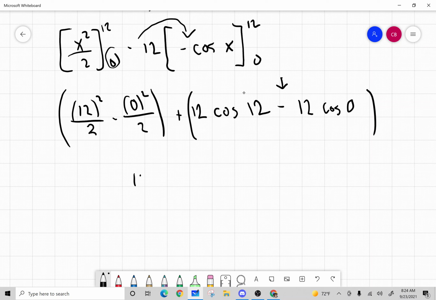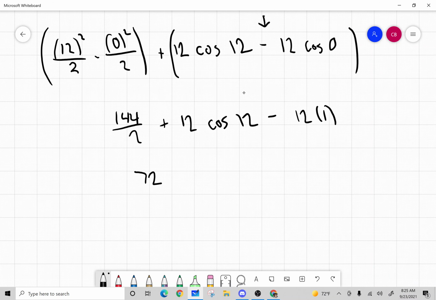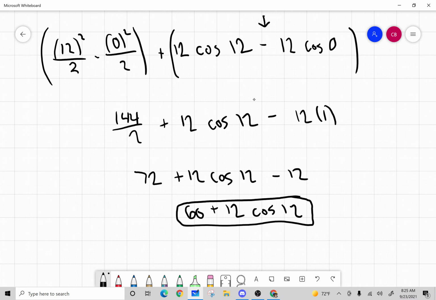And so this is going to be 72 plus 12 cos 12 minus 12, which is 60 plus 12 cos 12. And there is no plus c here because remember we took a definite integral, so you do not have a plus c in this problem.